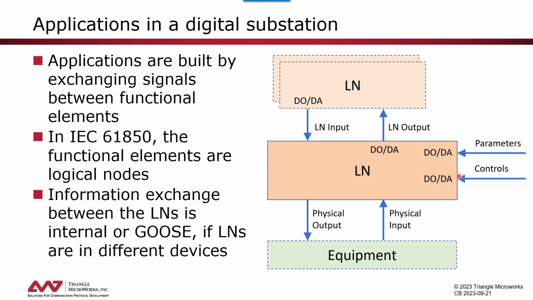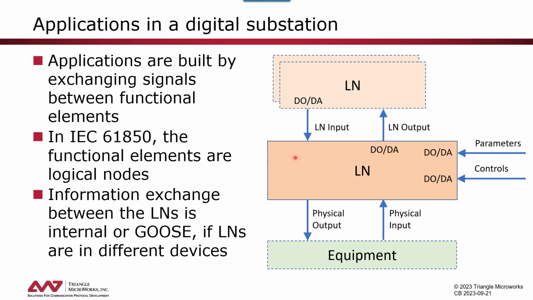We also may have controls. A control could be to enable or disable a protection element, or it could also be a control to request an opening or a closing of a breaker when we do a controlled breaker operation. But then we also have inputs that are typically signals coming from other logical nodes, and the inputs and outputs together flow between these logical nodes to implement the application as we have seen before.